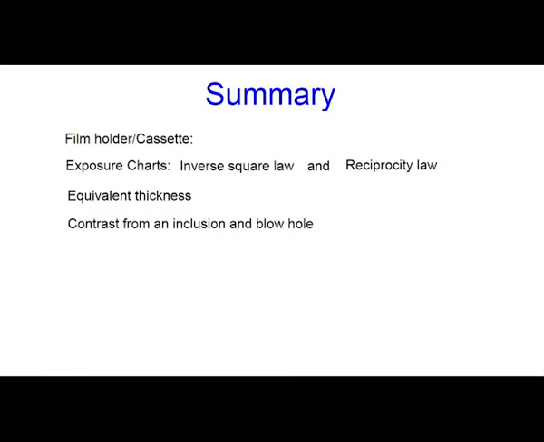Then we talked about the contrast from an inclusion and a blowhole as an example to show you how the contrast can be decided based upon the parameters which are used to capture the image. And then we talked about this particular technique, digital radiography, and in this we learned that it is primarily based upon flat panel detectors, which can convert X-ray intensity into an electrical signal, which is finally converted into a digital signal to form the digital image.